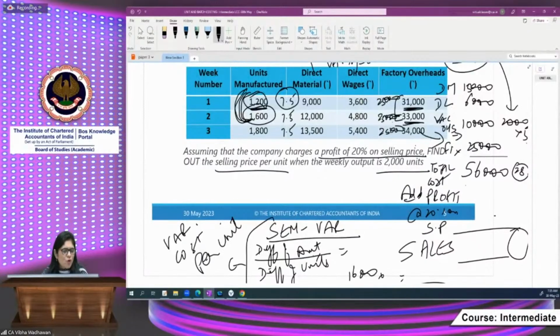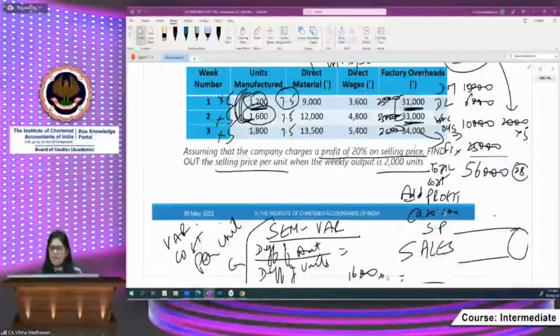It will apply to all the weeks. Mahesh, I think you should concentrate. Otherwise, you will not understand. We have calculated 5 variable cost per unit and it applies to all the 3 weeks. Into 5, into 5, into 5. Clear? Because variable cost per unit remains constant.